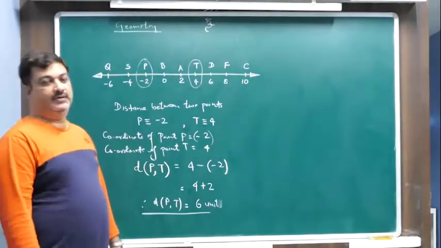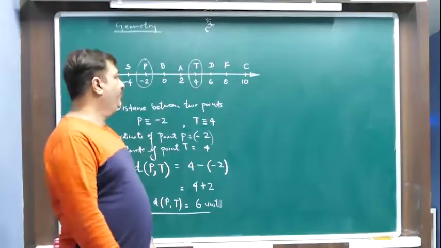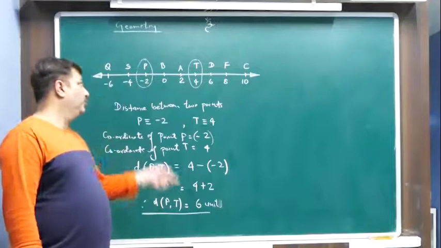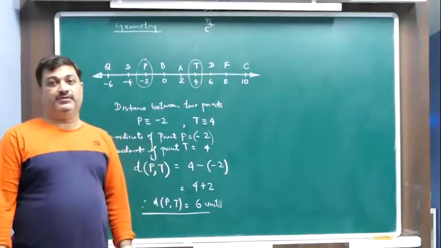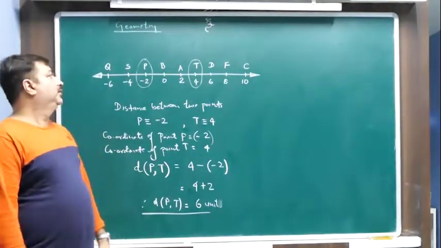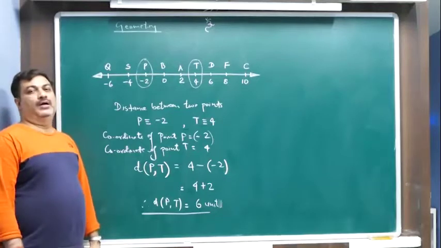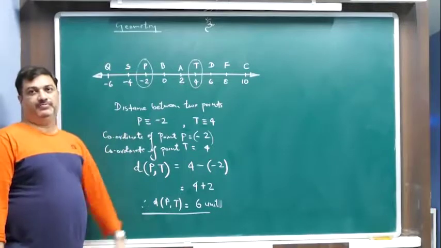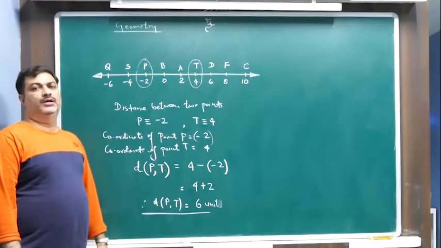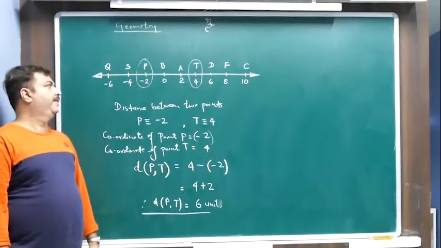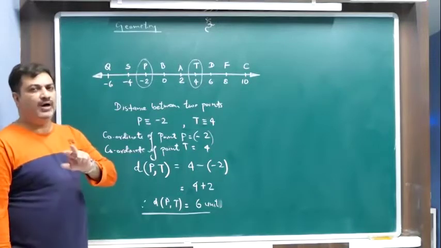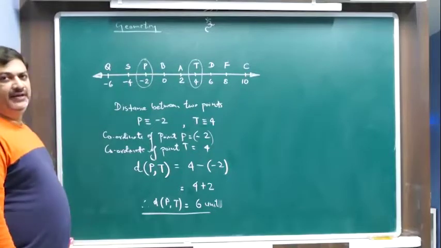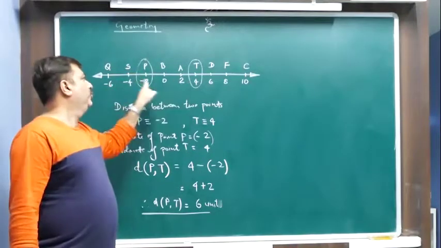Clear? Okay, now what we'll do is, we'll quickly go to the exercise 1.1 and answer the questions based on this. Alright? Having understood this concept, I ask you in another way: between P and T, what is the distance?